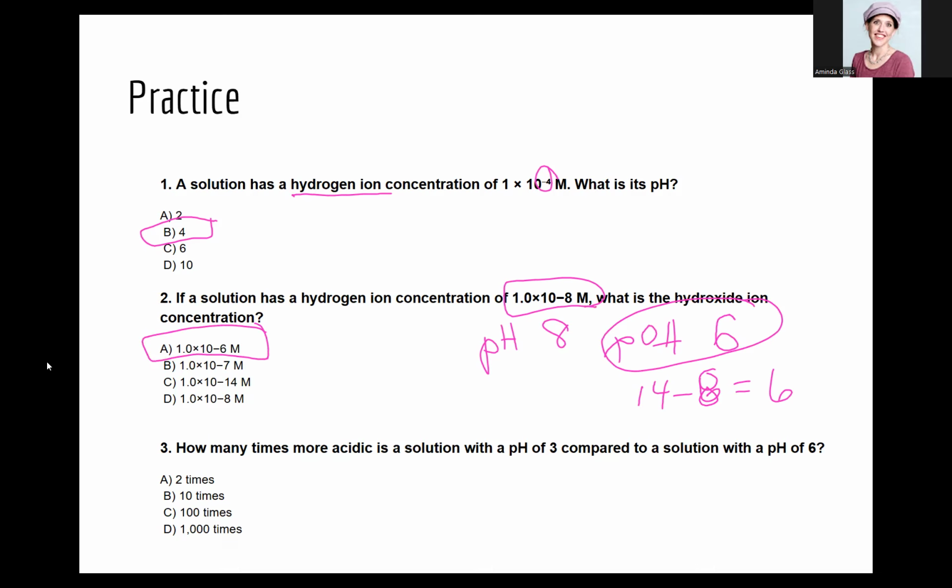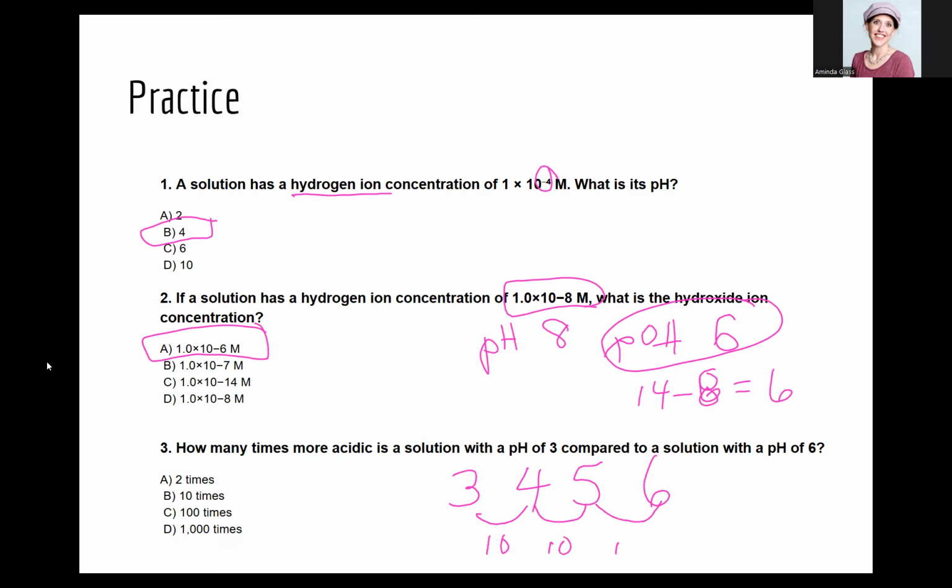How many times more acidic is a solution with a pH of 3 compared to a solution with a pH of 6? Okay, remember, for each digit that you change is a multiplication of 10. So from 3 to 4, that's a factor of 10. From 4 to 5, that's a factor of 10.